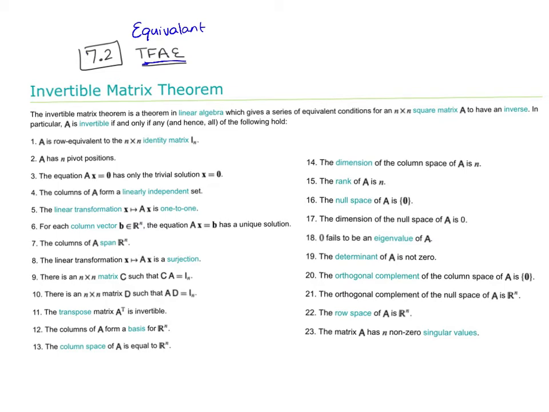So what do I mean by the following are equivalent? It means you're going to list a bunch of statements, and they're not all necessarily true, but they're all equivalent to each other. So as soon as one of them is true, then all of them are true. And as soon as one of them is false, then all of them are false.